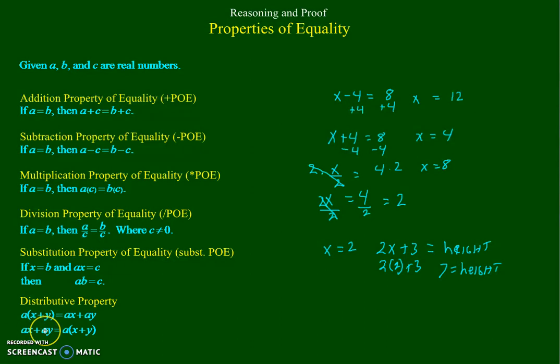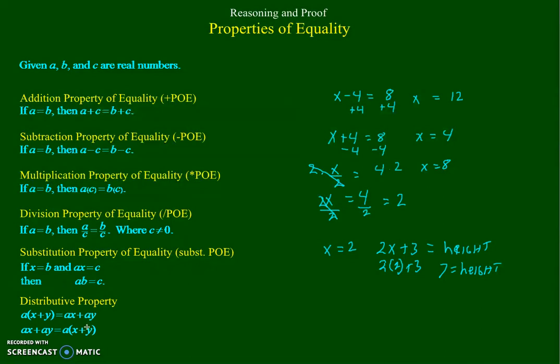If we pull out this a and say this equals a times the quantity of ax divided by a plus ay divided by a, we would get a times x plus y. So the distributive property doesn't just work this way, it works in reverse as well. So that's the distributive property. And you're going to use that in both respects, both going this way and going in the reverse order.